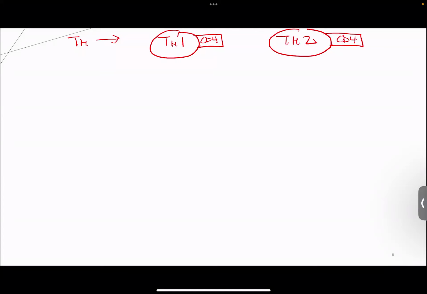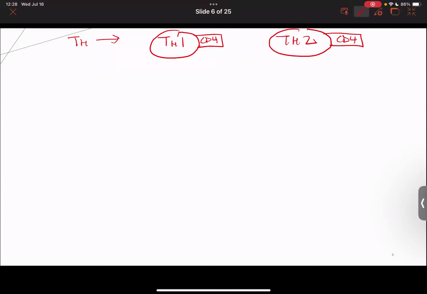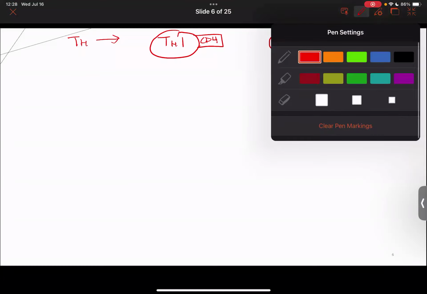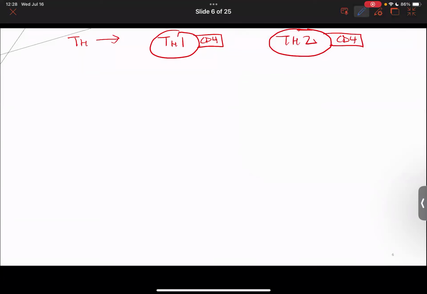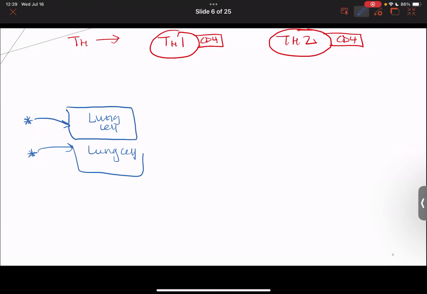But now let's say in the same body, you stop one of those viruses from going in. That macrophage ate it up. But that macrophage didn't eat up all of the viruses, right? So some of those viruses make it in to lung cells. And these lung cells get infected inside.